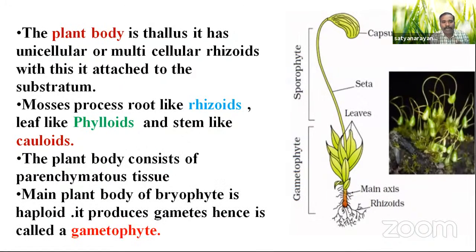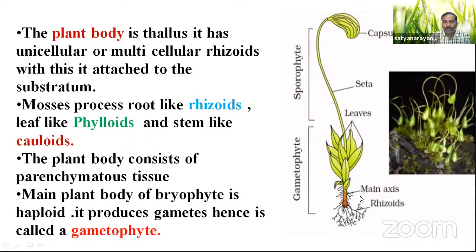Now the main plant body of bryophyte is haploid in condition. Haploid means only a single set of chromosomes is present. So the dominant phase of the bryophyte is the gametophyte. Children, you can see here, this is the gametophyte or main plant body, which has the rhizoids, caulid and phylloids.